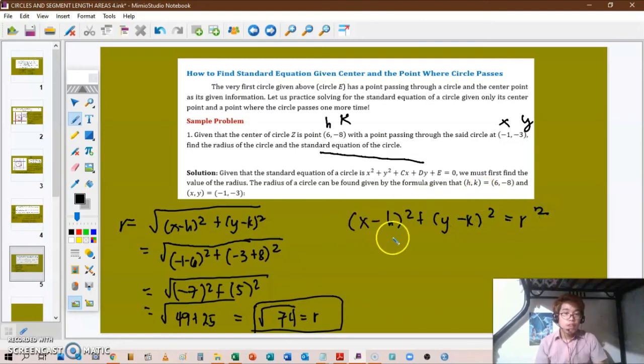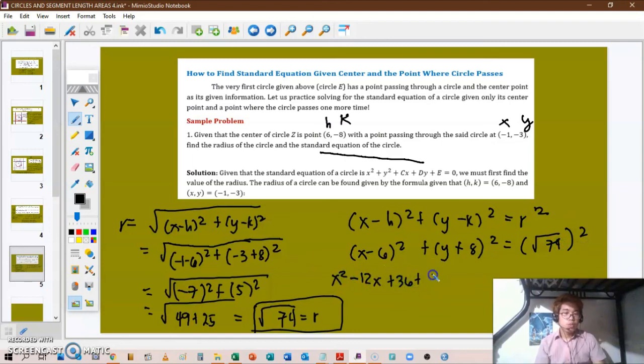Now we know that the value of h is equal to 6, so that's going to be (x − 6)² + (y − k)², and since k is negative 8, that's going to be positive 8 here, squared, equal to r squared. So that's the square root of 74 squared. So this is going to be equal to x² − 12x + 36 + y² + 16y + 64 = 74.